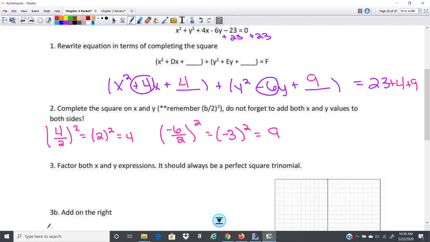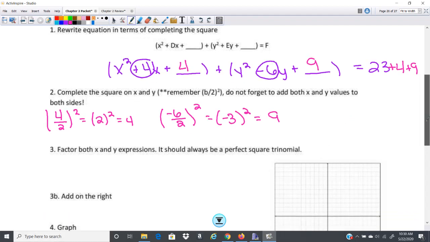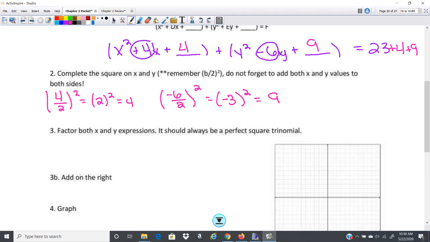Okay, then step 3 is you're going to factor both the x expression and the y expression. And they should be a perfect square trinomial, meaning they should be the same thing twice. So when I look at this, x squared plus 4x plus 4, I say what multiplies to 4 and adds to 4? 2 and 2. So I would go here, x plus 2 and x plus 2, which would give us x plus 2 squared.